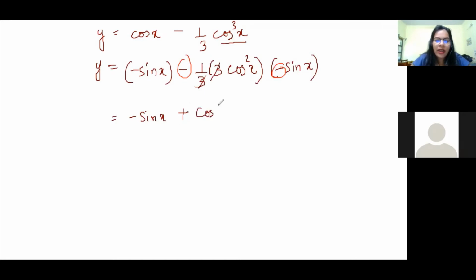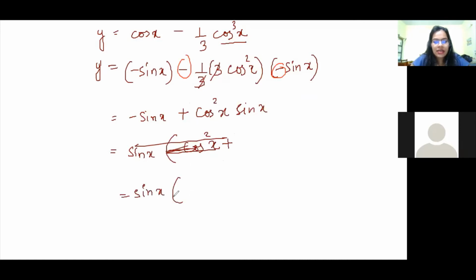Now you have got cos square x and sin x. Correct? Now you can take sin x common, so you can write sin x bracket cos square x minus 1.